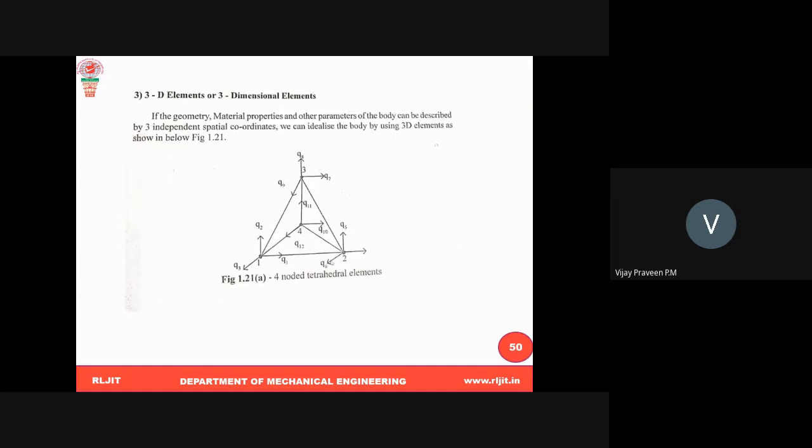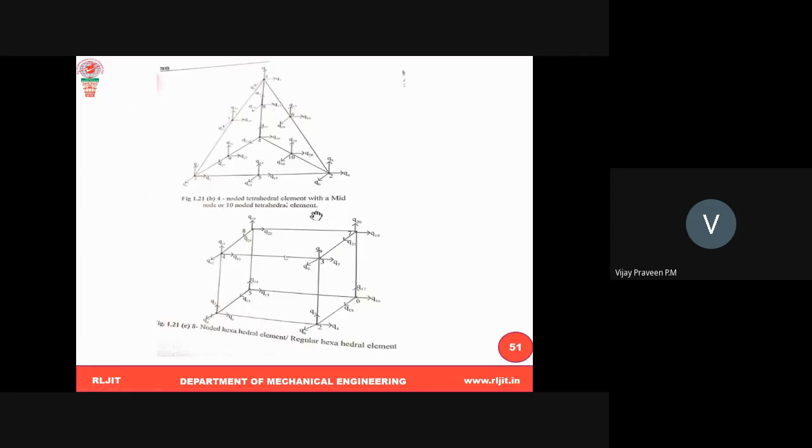So the next one is called 3D. In 3D, each node has how many degrees of freedom? 3. So what are the 3D elements?